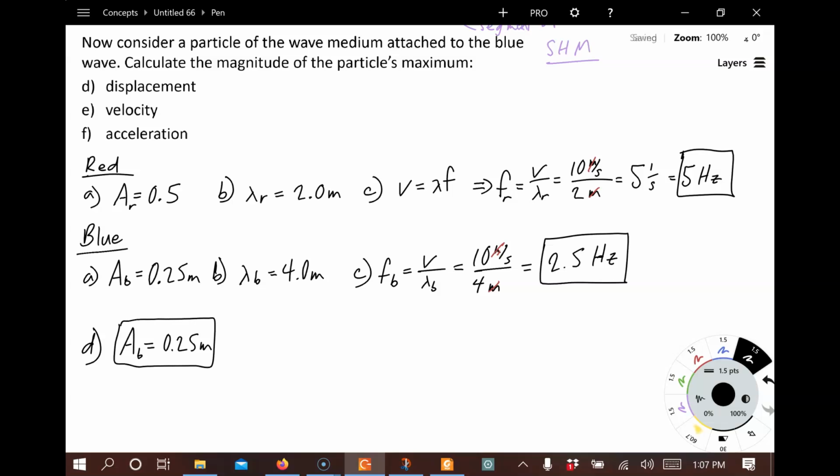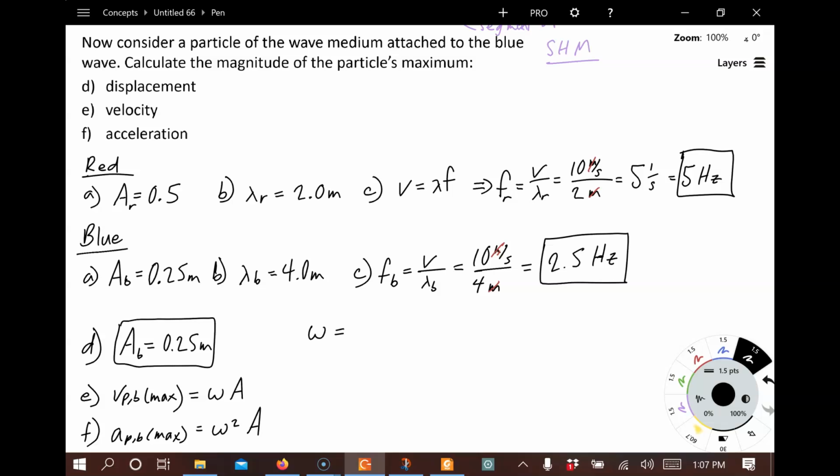Now to get the maximum magnitude of the velocity of the particle for the blue wave, as we saw, it's just going to be omega times A. And for the maximum acceleration of the particle for the blue wave, as we saw, it's going to be omega squared times A. So let's just calculate omega for the blue wave.